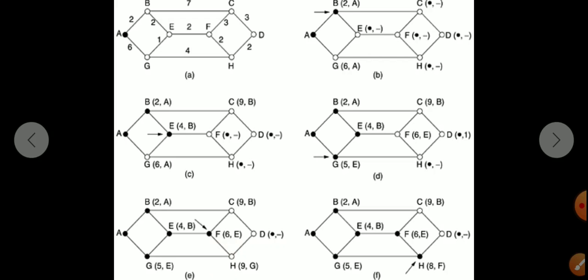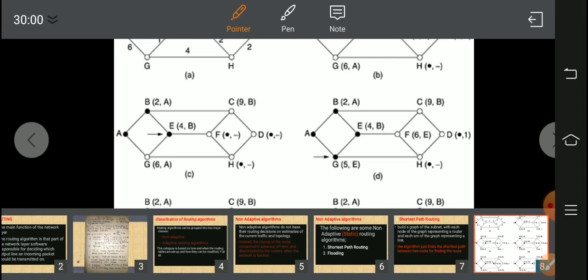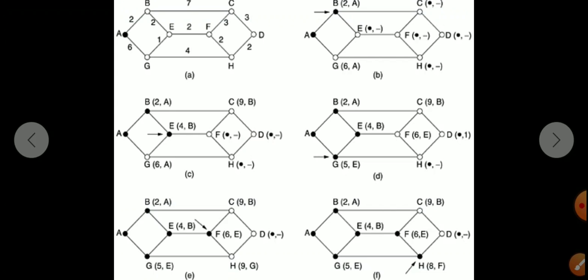So here 9 comma G was already there. Which one is the shortest distance? 8 comma F is the shortest compared to 9 comma G. So that's why the routing table's shortest path was updated.